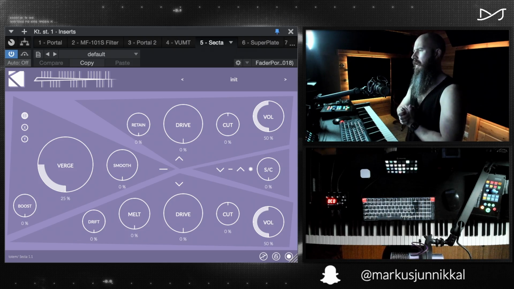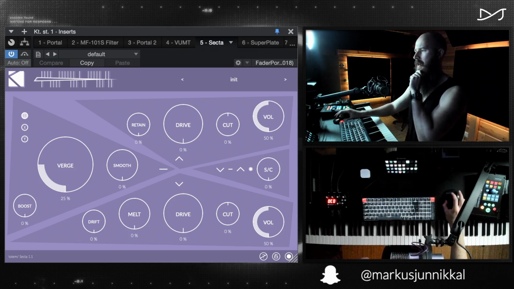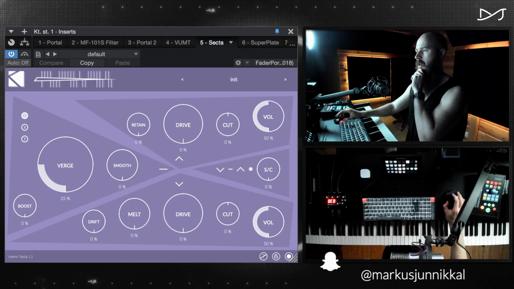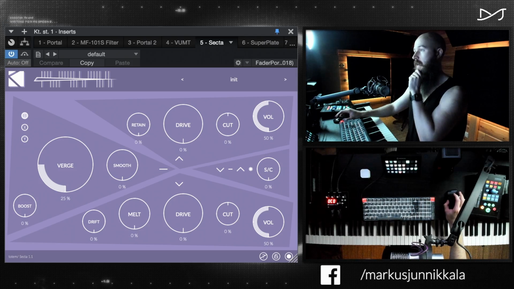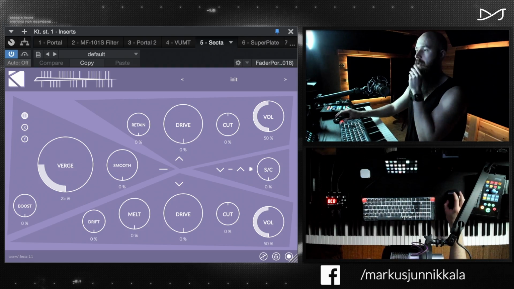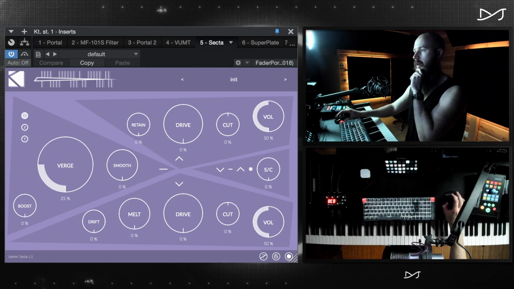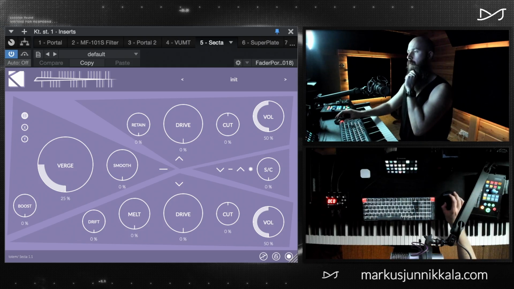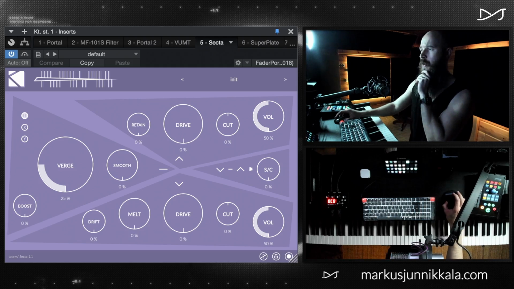Also, something I'm pretty skeptical about is their statement of a lack of a mix control. Because they say Secta is a colorizer. No mix parameters are available. Just load Secta onto your track and let it inspire you with timbrical shades.